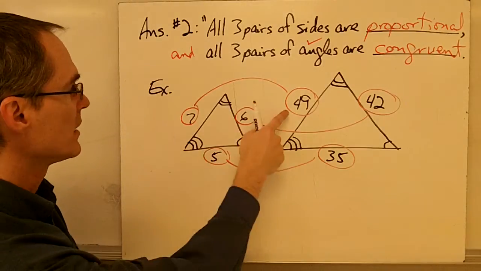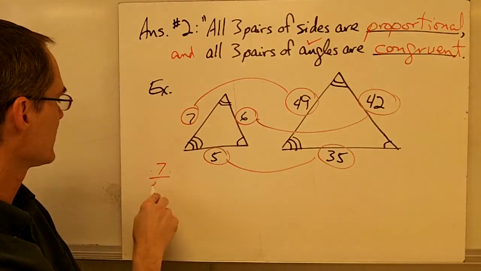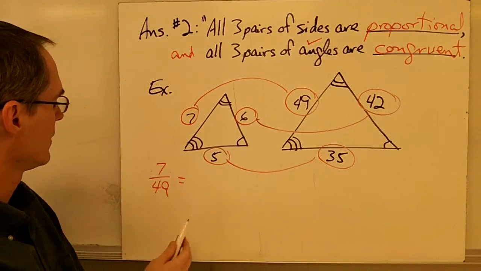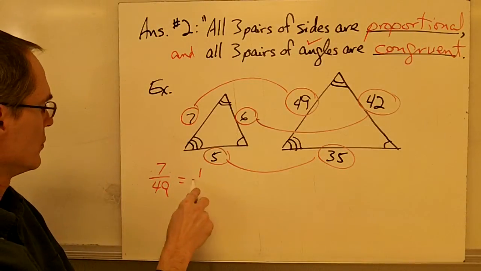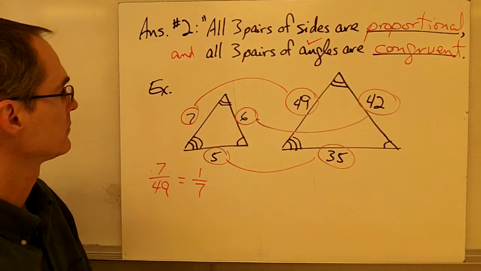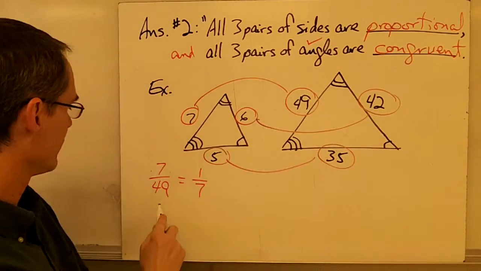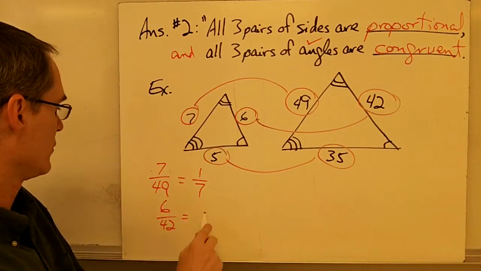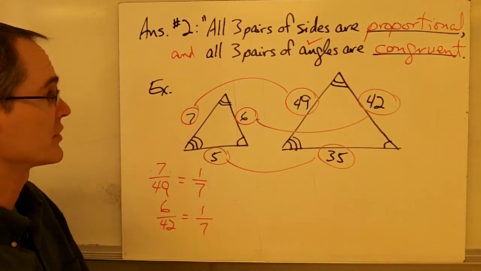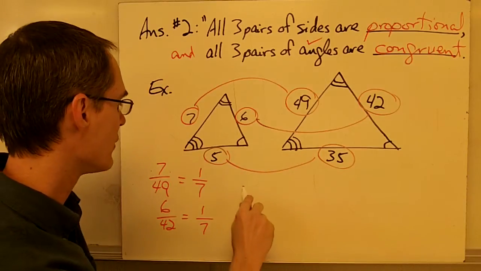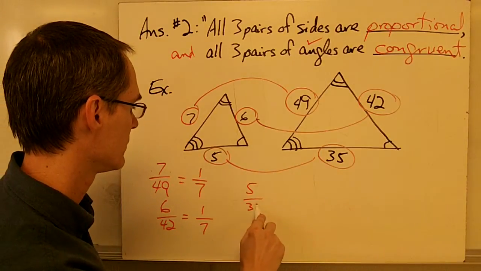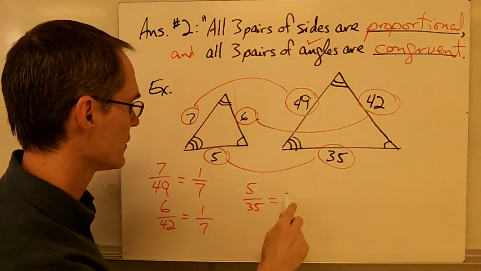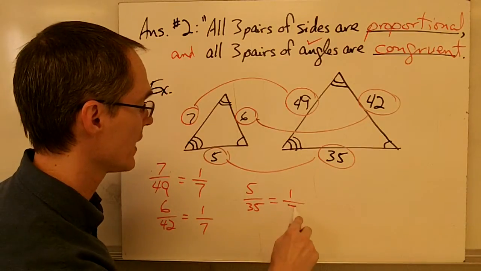So let's see. 7 and 49. So 7 to 49. That will reduce to 1 over 7. Let's see, 6 over 42. That will reduce to also 1 over 7. And then 5 over 35. So 5 goes into 5 once, 5 goes into 35 7 times.